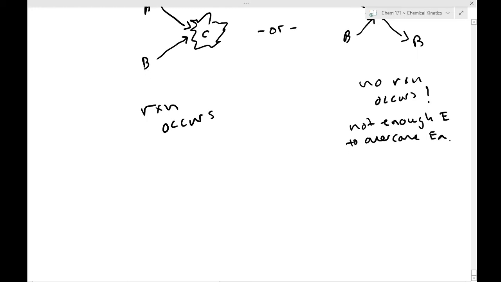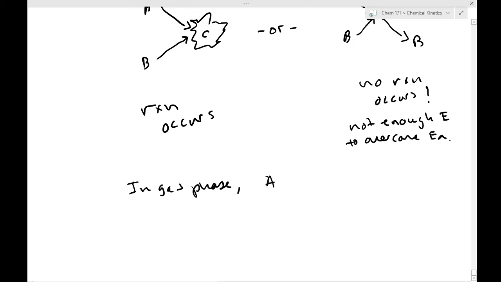If you guys remember back to our discussion of the rate constant itself being proportional to this exponential factor times a frequency factor, in the gas phase we can start to think about what this frequency factor actually means.